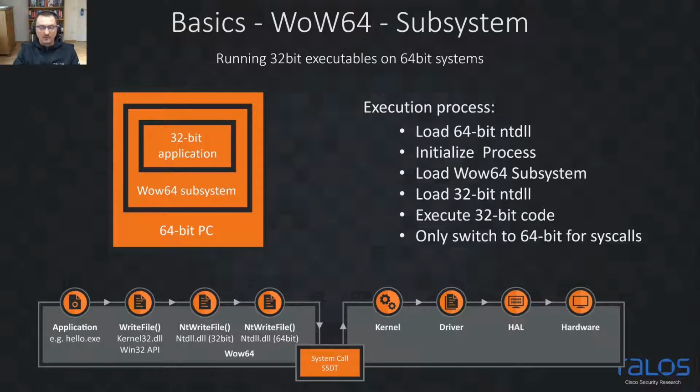The reason for that is, of course, the 32-bit code of the application will only be able to execute 32-bit API calls, so it needs the 32-bit NTDLL for that. And then the WoW64 subsystem does the translation to the 64-bit world. And then finally, the 64-bit NTDLL can trigger the final system call.